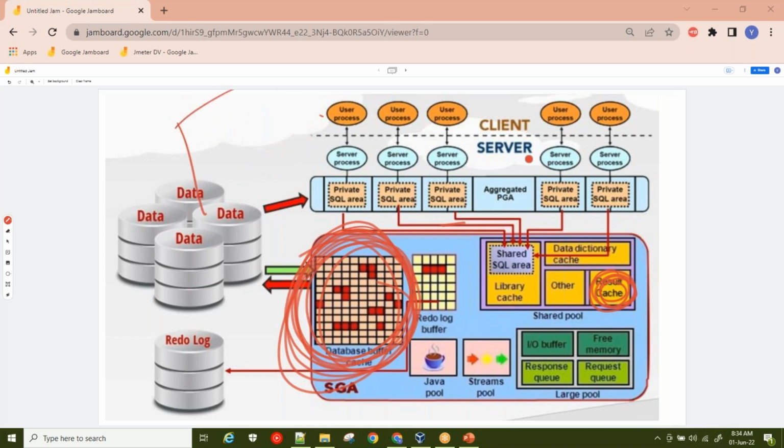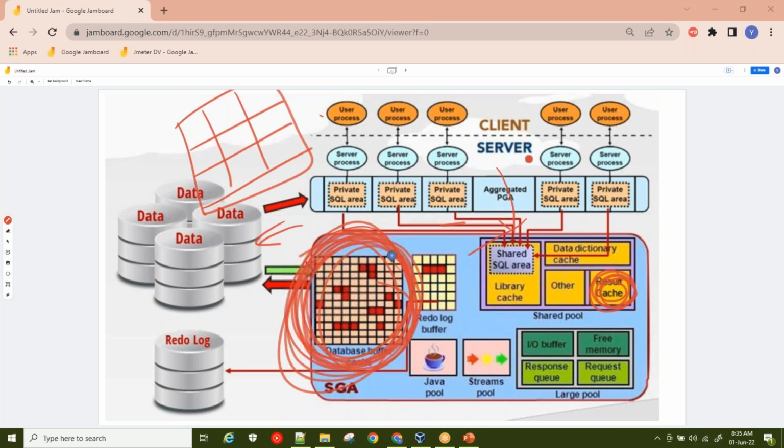Like I have a table of customer data, okay? Now this customer data is being pulled by the PGA again and again, let's say very frequently. So rather than pulling it from the data always, Oracle will pull it from the buffer cache.